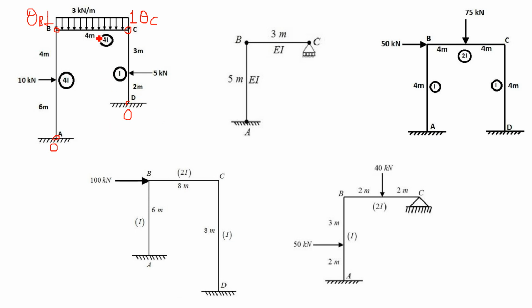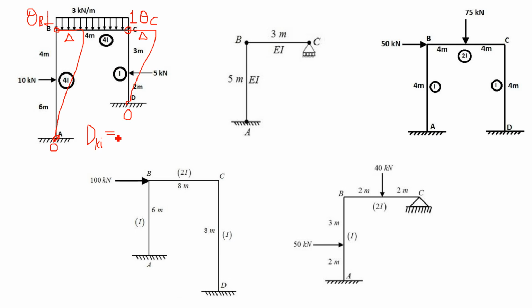For example, if you look at this frame with unequal height of columns and unsymmetry in the moment of inertia, this is a sway frame. If it is a sway frame, it can deflect like this. This is called horizontal displacement of point B or point C, so this delta will also come into the picture. So finally, what is the DKI of this frame?